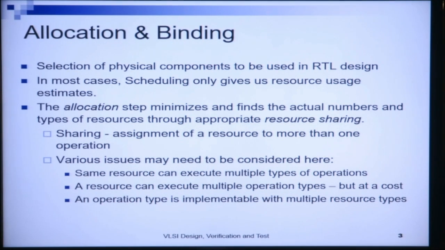Now, the work of the allocation step is to minimize and find the actual numbers and types of resources that will be required. And this will be done via appropriate register sharing, resource sharing. What is sharing then? Resource sharing is the assignment of a resource to more than one operation.